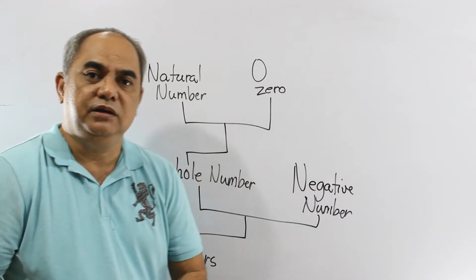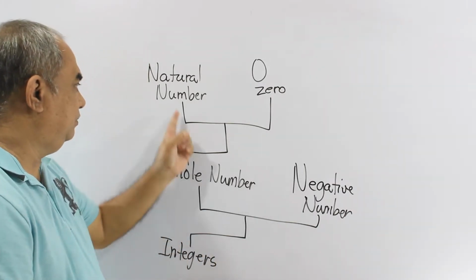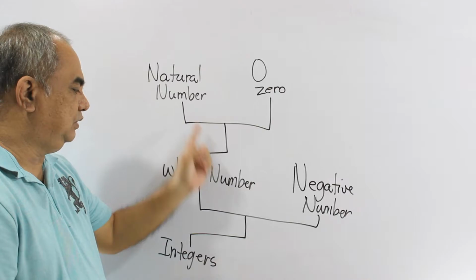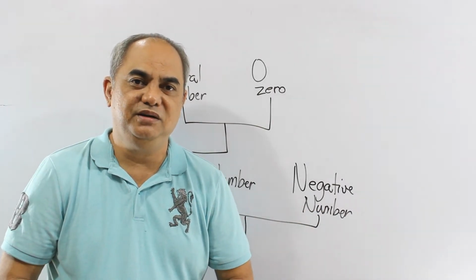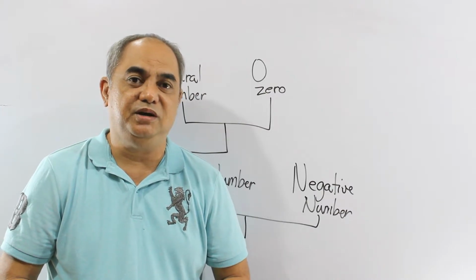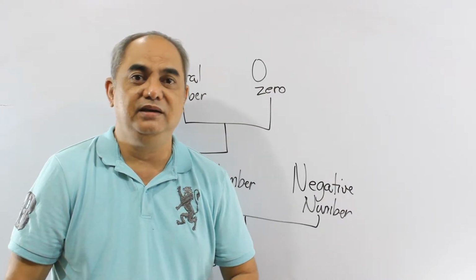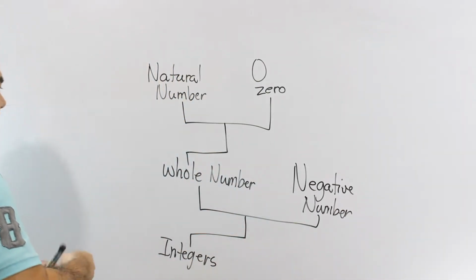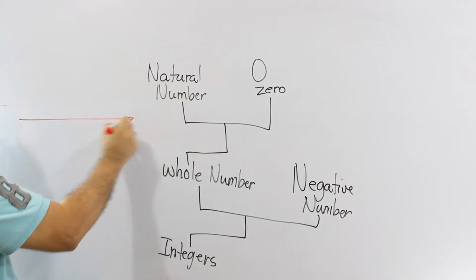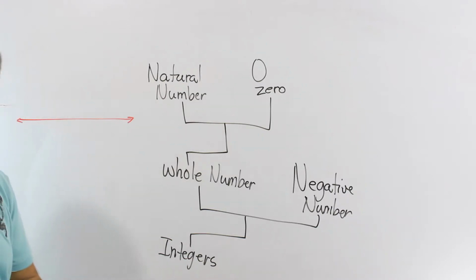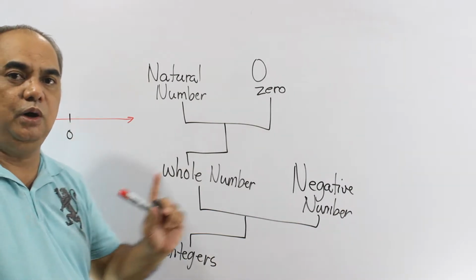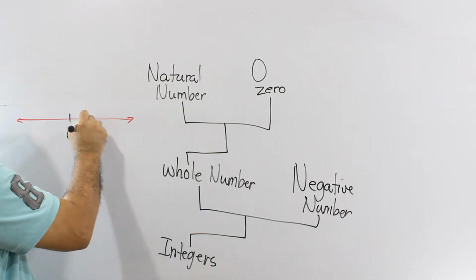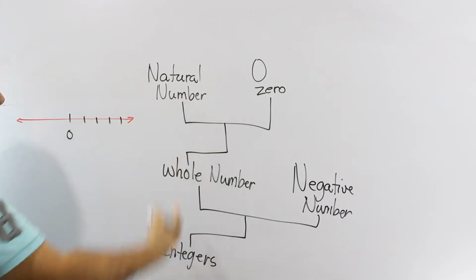So these numbers, starting from 0, natural numbers, whole numbers, and negative numbers, when we put them together, we will see that these numbers are present in what we call the number line. So say this is our number line. This is your 0, and all the numbers going to the right are positive numbers, also known as your natural numbers.